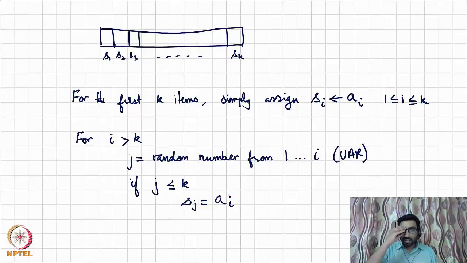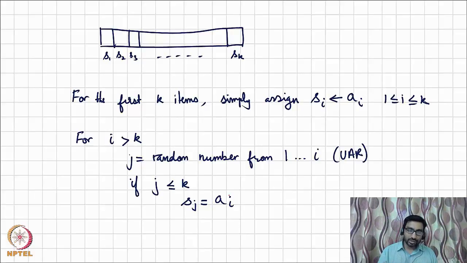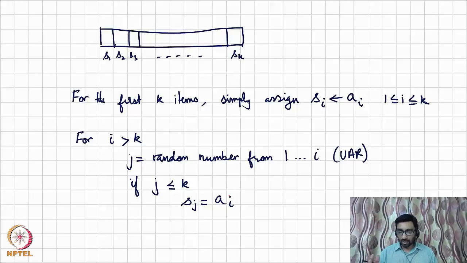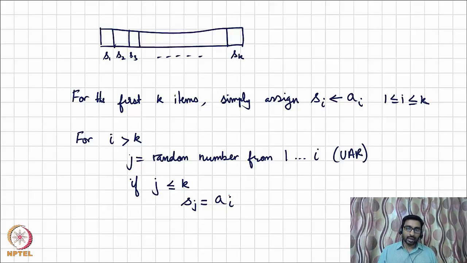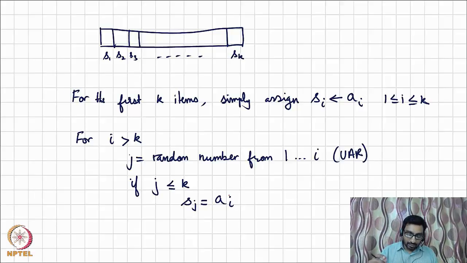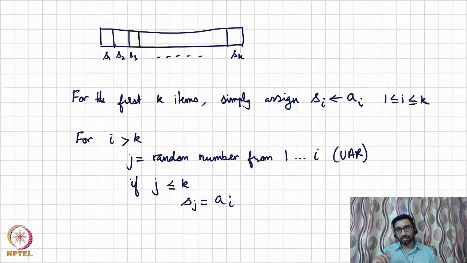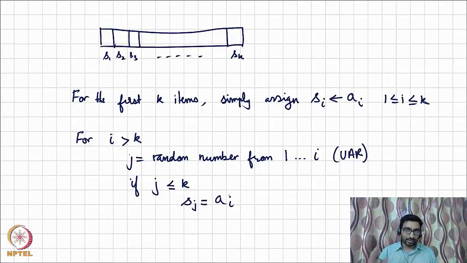Now, what happens if i is greater than k? We first generate a random number, uniformly at random between 1 and i. If that randomly generated number happens to be between 1 and k, then we replace the jth memory cell.